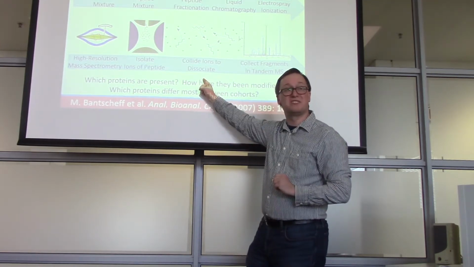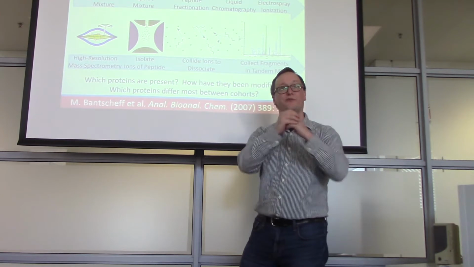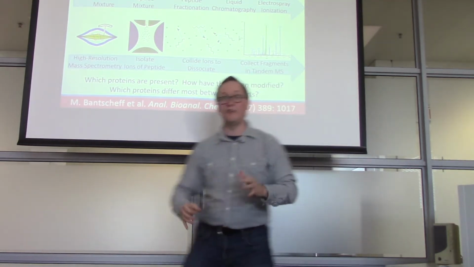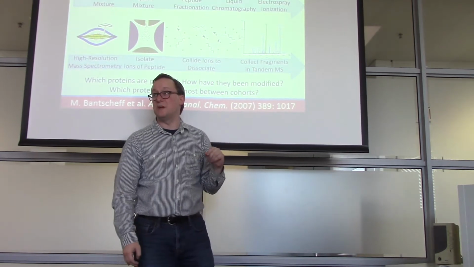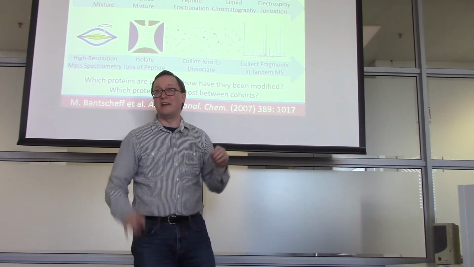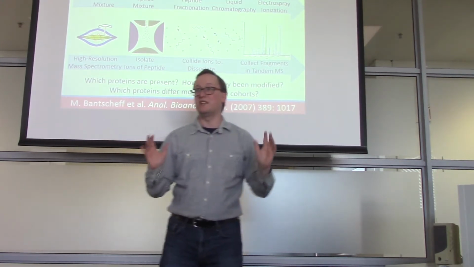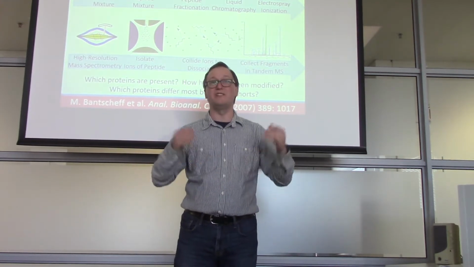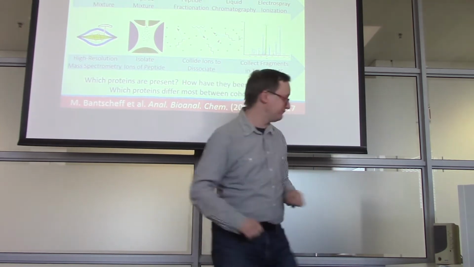We cause them to dissociate by bouncing them off of a bunch of gas molecules, and that produces fragments. The fragments of a particular peptide are then collected in a single tandem mass spectrum. All right, that's a lot to take in all at once, and we haven't even gotten to the algorithms, but it's important, I think, for everybody to understand where these tandem mass spectra come from in order to understand what we're going to do with them.